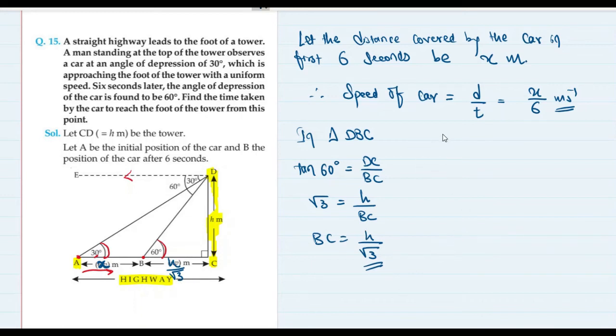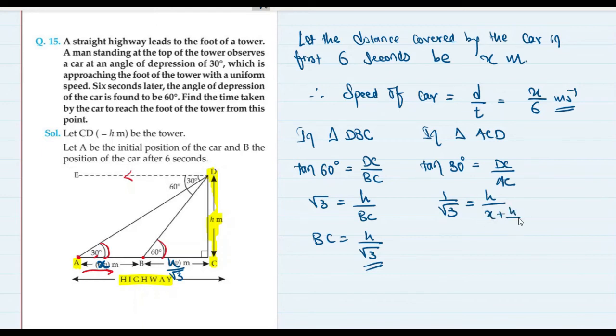Great. Again, we'll take triangle ACD. In triangle ACD, tan 30 degree is equal to opposite upon adjacent. Opposite is DC, adjacent is AC. Tan 30 is 1 by root 3, DC is h, and AC is x plus h by root 3.